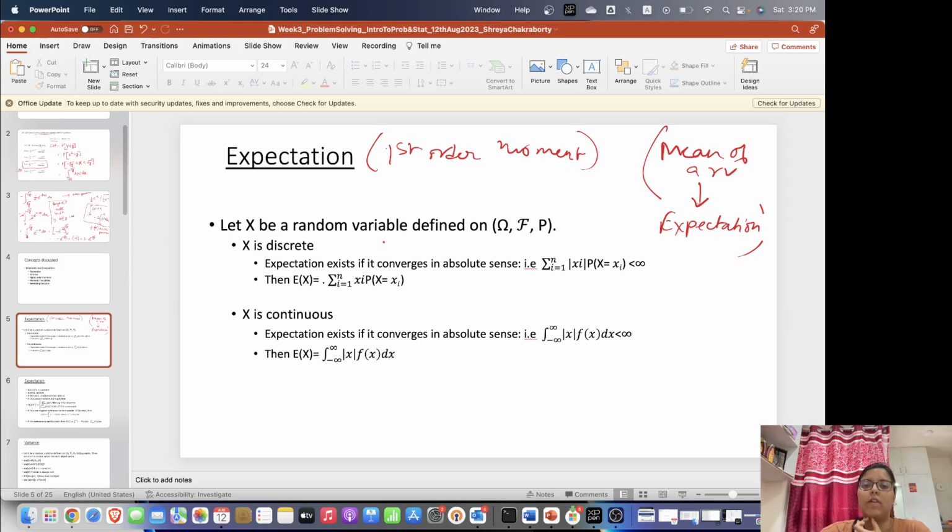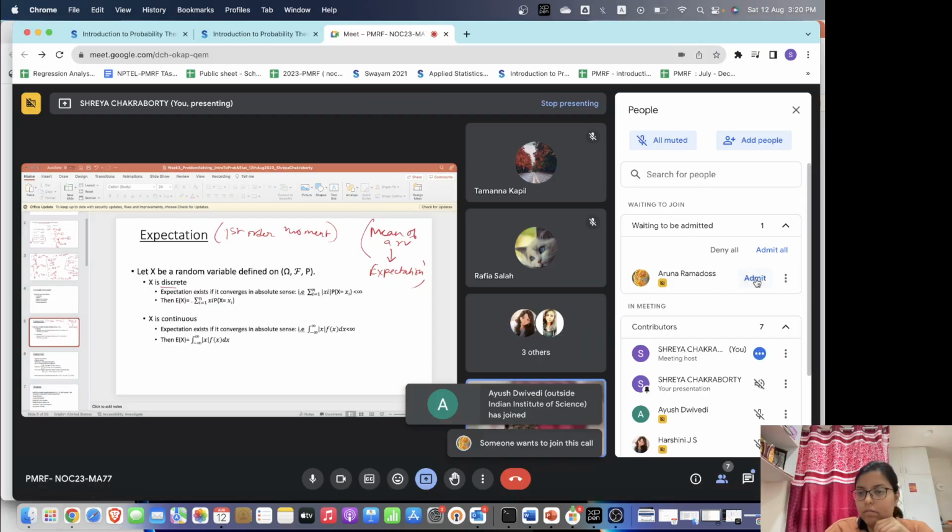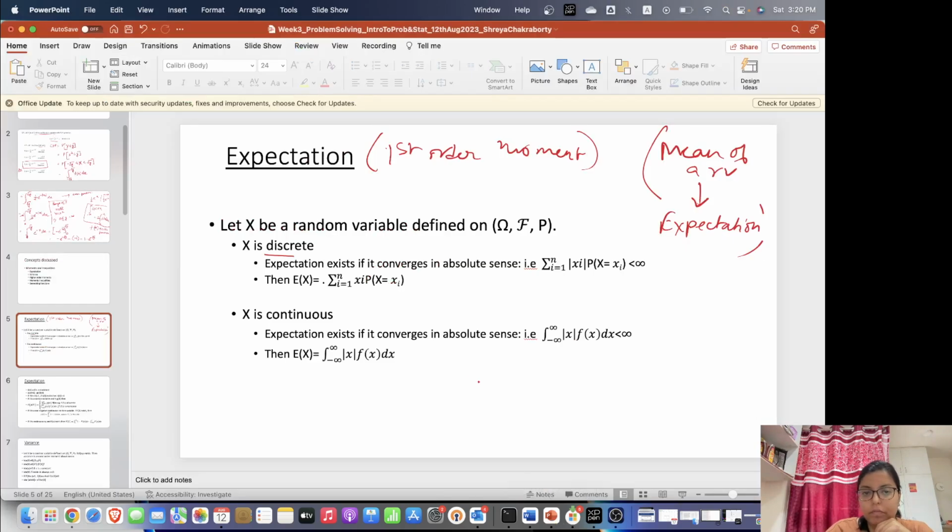If we have a random variable that is defined on the sample space, sigma field, and this is the probability measure, then if x is discrete and if expectation exists. Now, how do we test if expectation exists? This quantity, summation of xi, probability of x equal to xi, this should be finite for the expectation to exist.